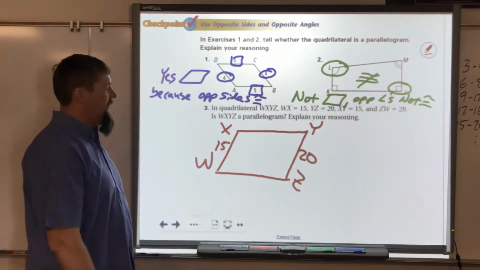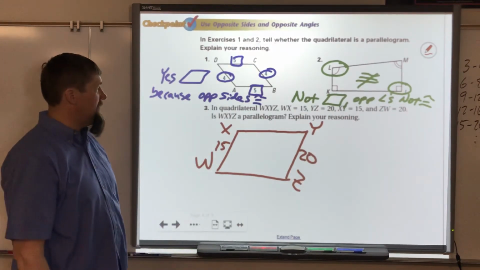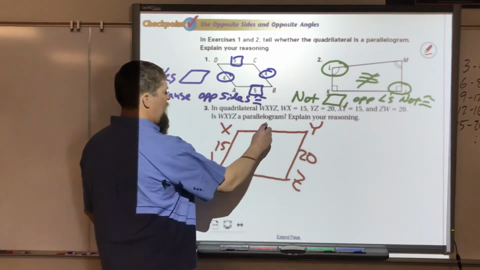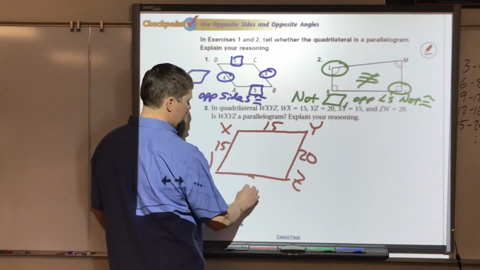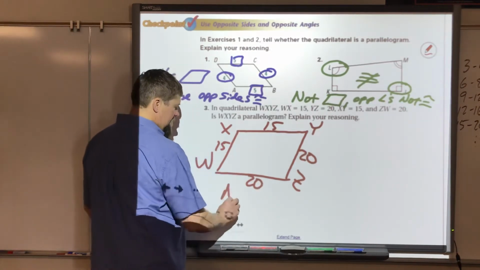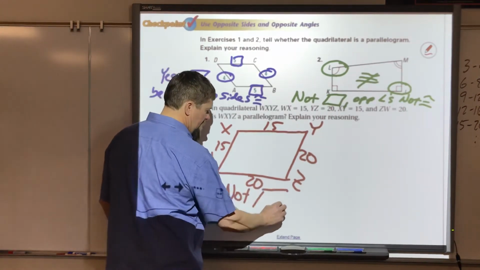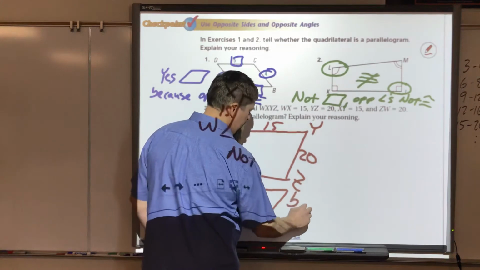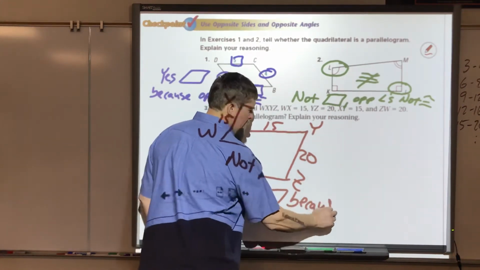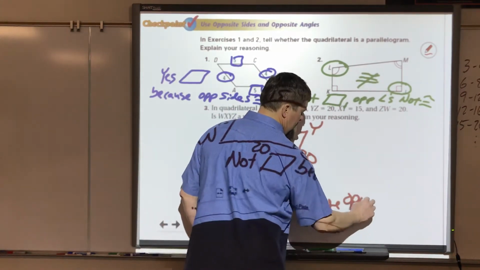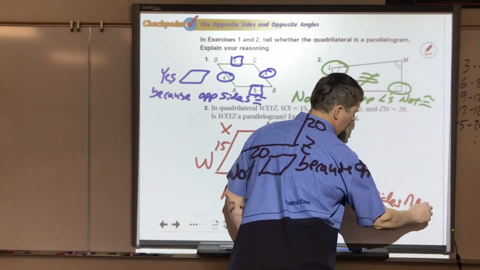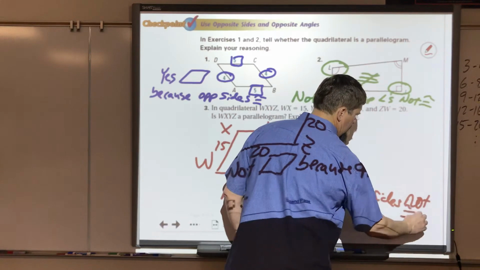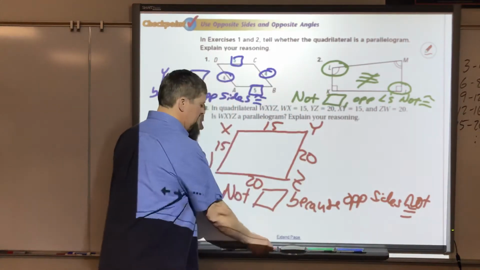So that right there tells me that it is not a parallelogram. XY is 15 and ZW is 20. So this is not a parallelogram because opposite sides are not congruent. Okay? Opposite sides are not congruent.